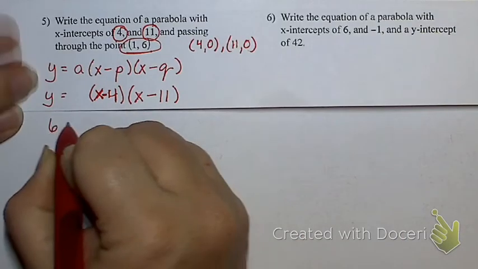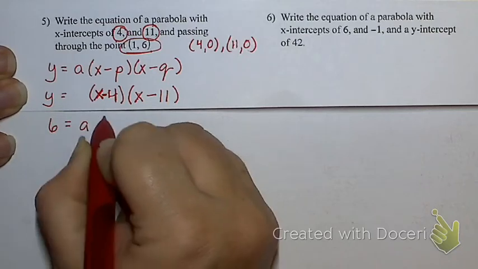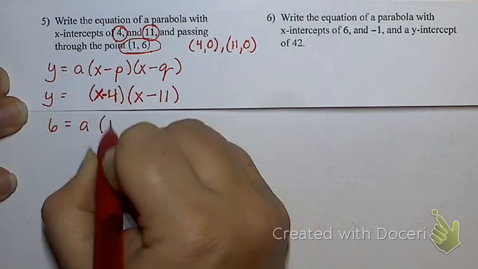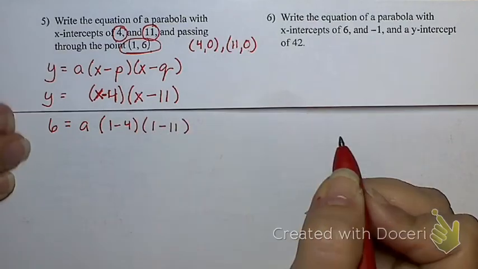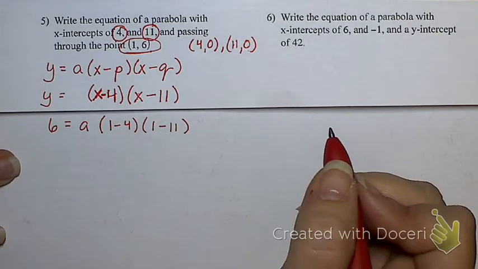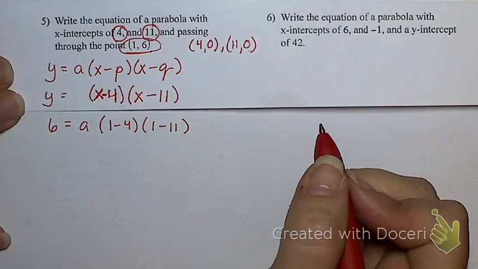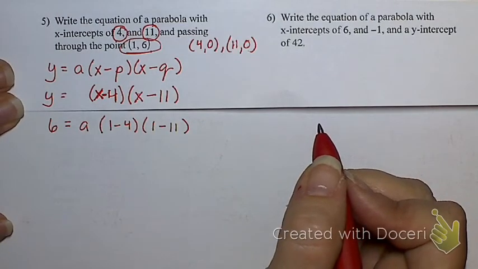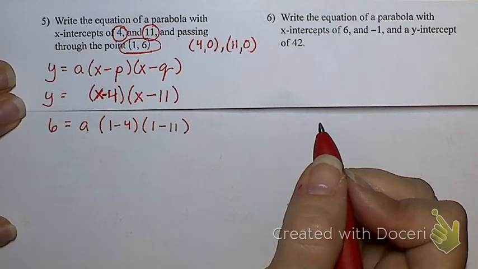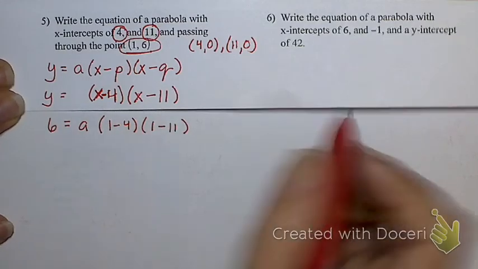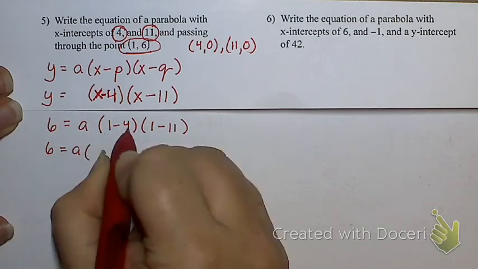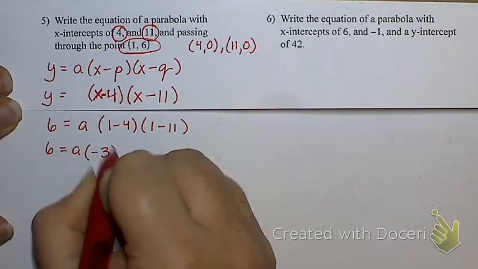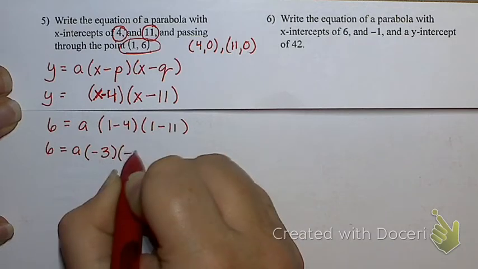6 equals A(1 minus 4)(1 minus 11). Now, I will tell you, on these problems, you may get a fraction for A. And that's fine because you don't need to do anything with that fraction other than write it in your answer. So let's see. 6 equals A, and then 1 minus 4 is negative 3. 1 minus 11 is negative 10.